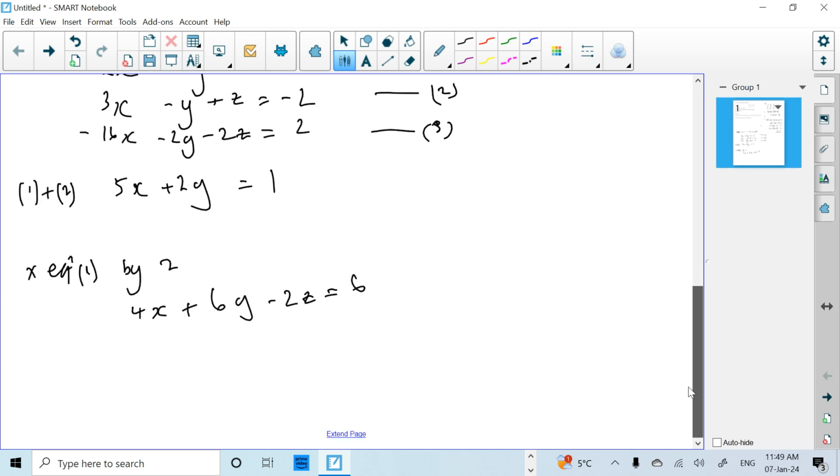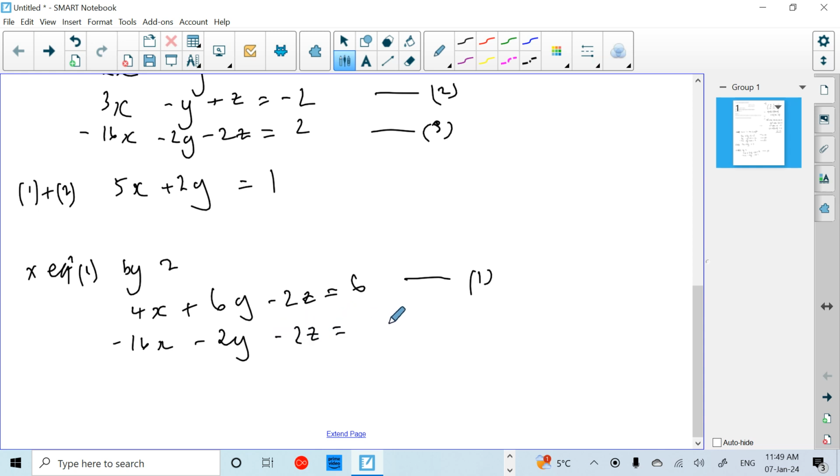That's my new equation 1. And equation 3 stays the same: minus 16x minus 2y minus 2z is equal to 2. That's my equation 3.